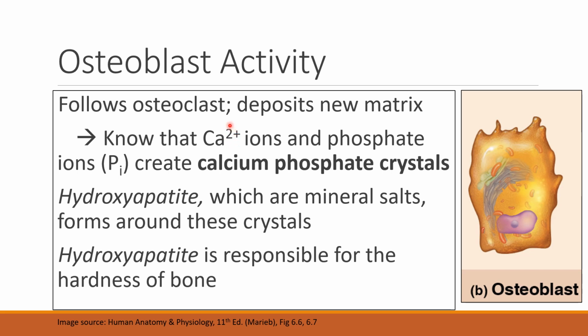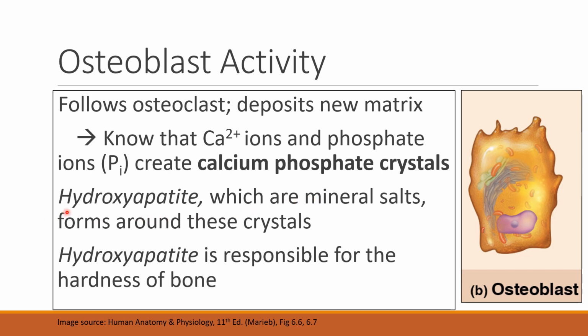And we talked about ions way back in the beginning. And then the phosphate, I have it abbreviated as Pi. If you recognize that from earlier lessons when we talked about things like ATP, I used Pi as its abbreviation. So that's phosphate. The i stands for inorganic phosphate. Anyway, so these will form calcium phosphate crystals.